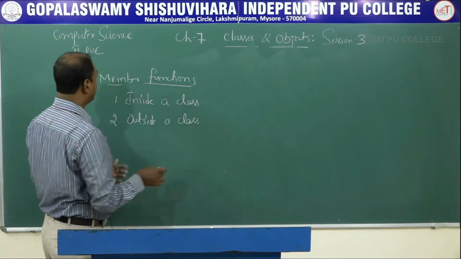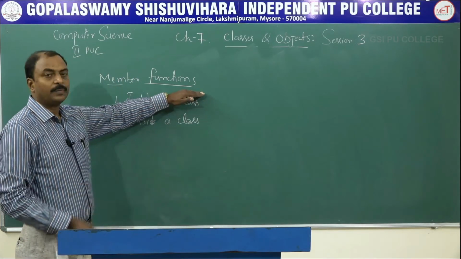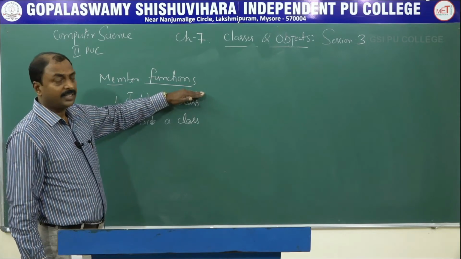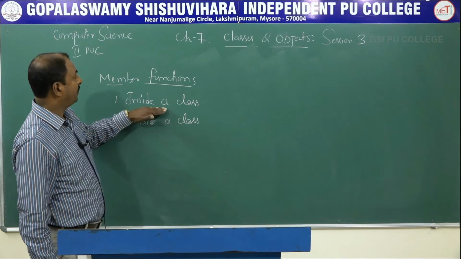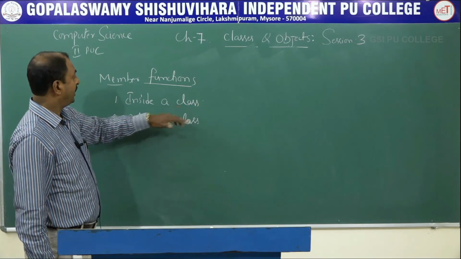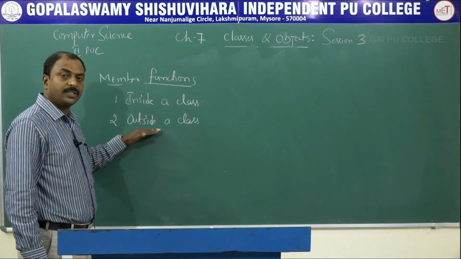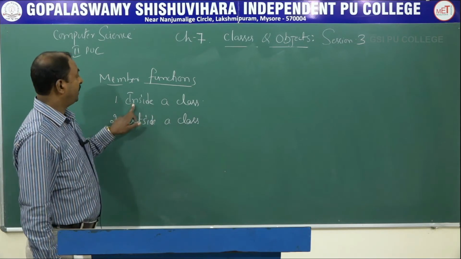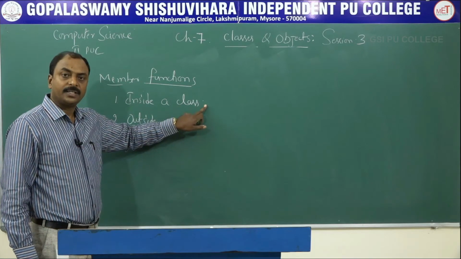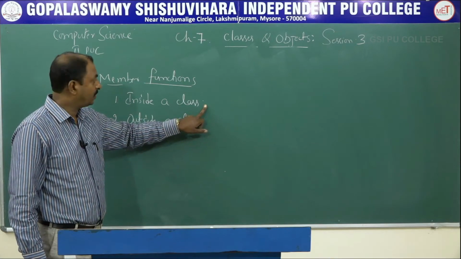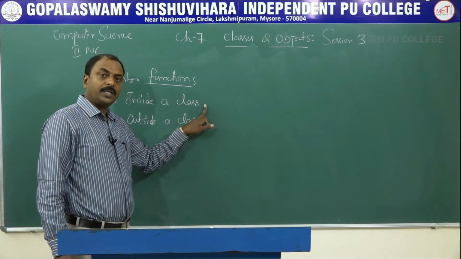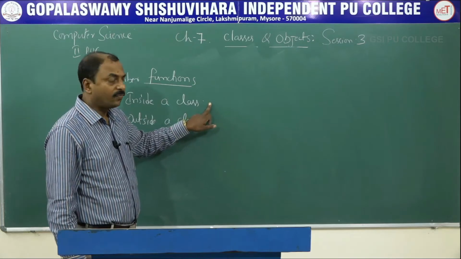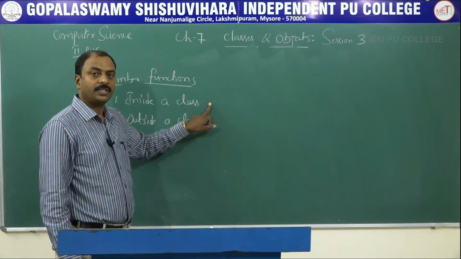So, what is the meaning of this? In my previous example, addition of two numbers, the program I wrote is an example of a function definition inside the class, and the other method is function definition outside a class. In the first method, inside the class we write the function name as well as the function definition itself.